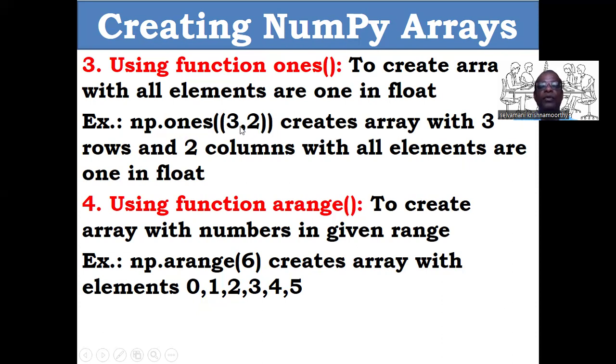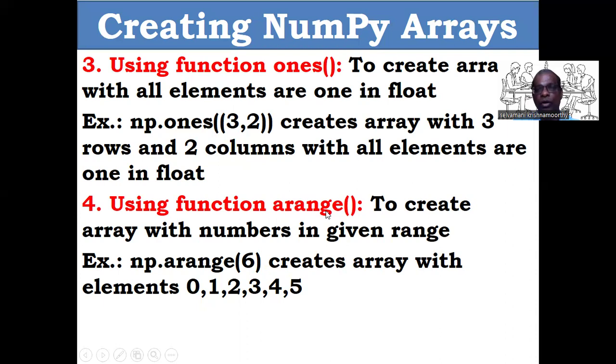That means the shape of the array yet to be created. It creates an array with 3 rows and 2 columns with all elements 1 in float. The ones function creates an array with all elements initialized with 1 in float, same way as zeros.